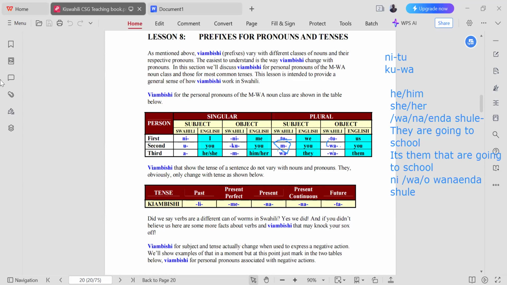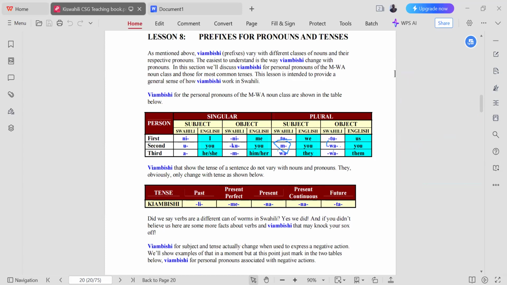Now let me try to explain how that comes about. I think it will be very important for us to understand how this prefix works before we go to the nouns and the verbs.